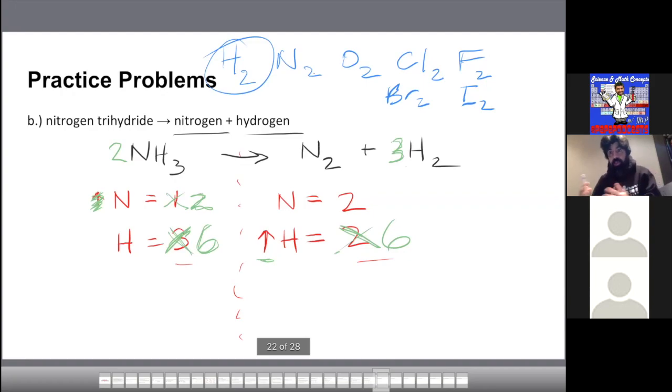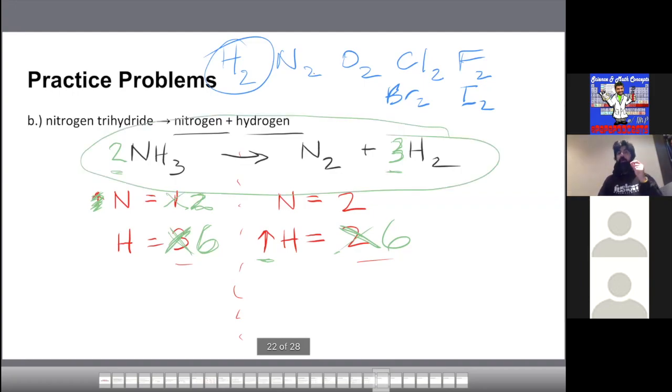When I add the numbers in front that I've written in green, those are the coefficients that we use to balance it. So this whole thing here is now considered our balanced chemical equation. One thing you're going to notice is we never put ones. Never, never, never put ones in the formulas.